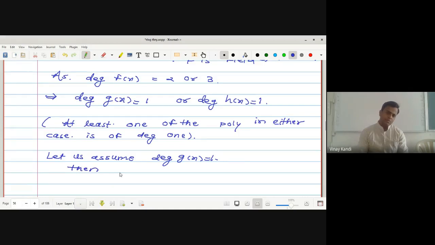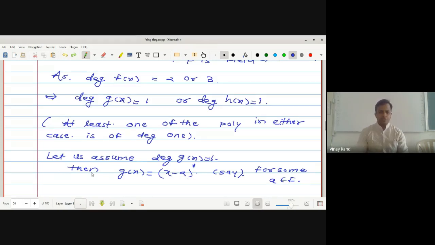Then g of x is equal to x minus a, in this form, for some a belongs to F. You might say, why x minus a, why not x plus a? I do not know the value of a, that is why we are taking x minus a in general. Plus is also possible, but if x plus a is there and I take a as minus, then it becomes x minus a.